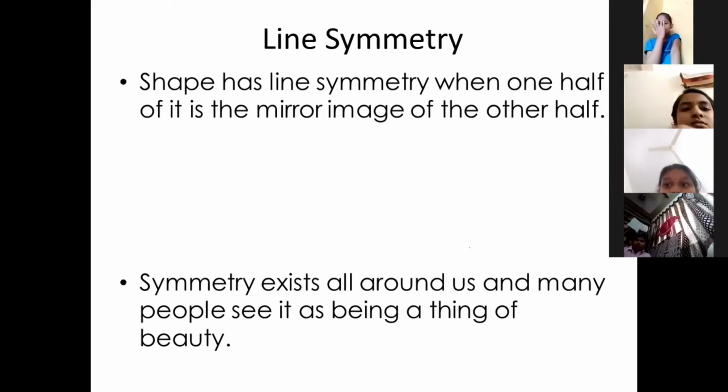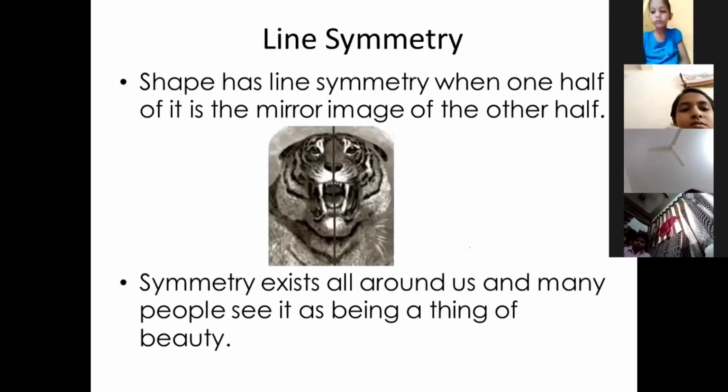Photo frame. Door. In a photo frame, if it is empty, you can say okay. If it has a picture, then only we can say it has a line of symmetry. See here, the head of the almirah. Yes, almirah.